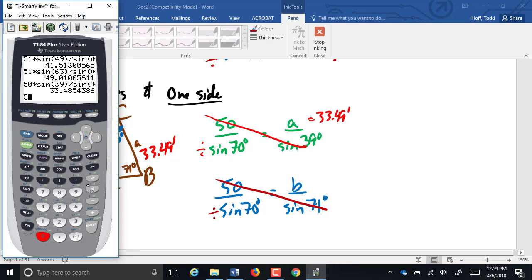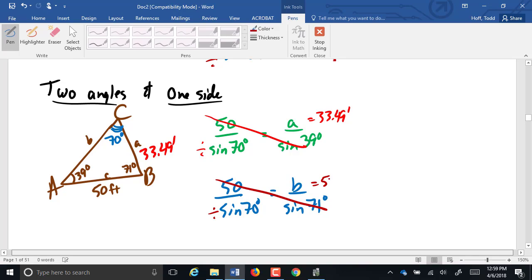So 50 times sine of 71, make sure you close the parentheses, divided by sine of 70, 50.31. So that's 50.31 feet. And again, smallest side is opposite the smallest angle. Biggest side is opposite the biggest angle.